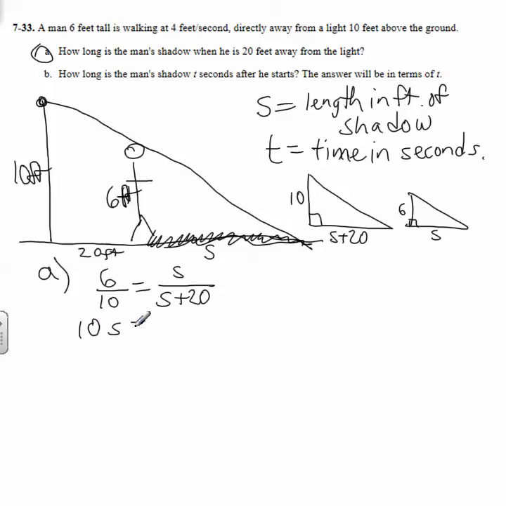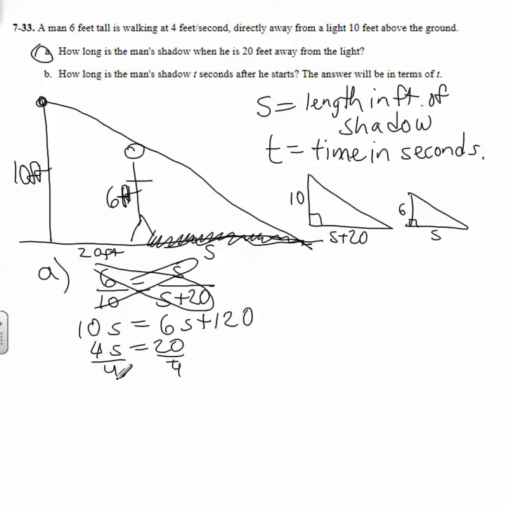So 10 times S equals 6 times S plus 20. We need to remember to distribute, so that's 6S plus 6 times 20, which is 120. Now let's subtract 6S from both sides, and we get 4S is equal to 120, and so our shadow length turns out to be 30 feet.